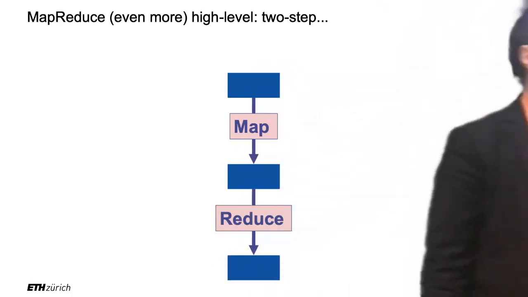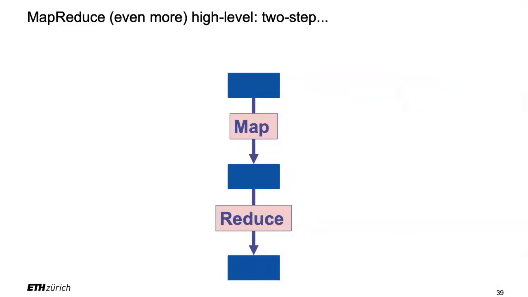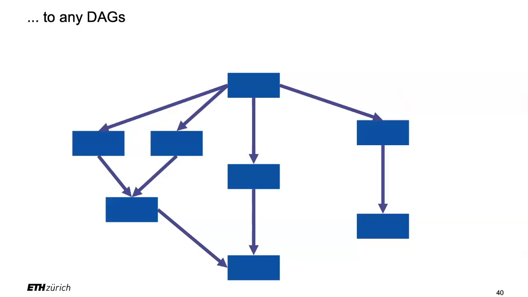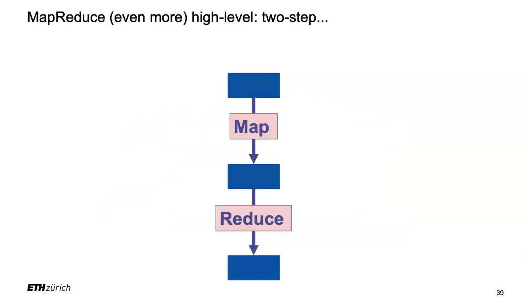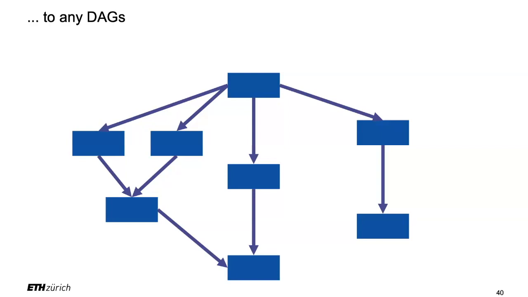MapReduce can be seen like this, but you probably itch to generalize that. What if we just take any DAG? You know what a DAG is, right? Directed acyclic graph. So instead of restricting ourselves to just mapping and reducing, let's accept any DAG like this. The only constraint is that there are no directed cycles.